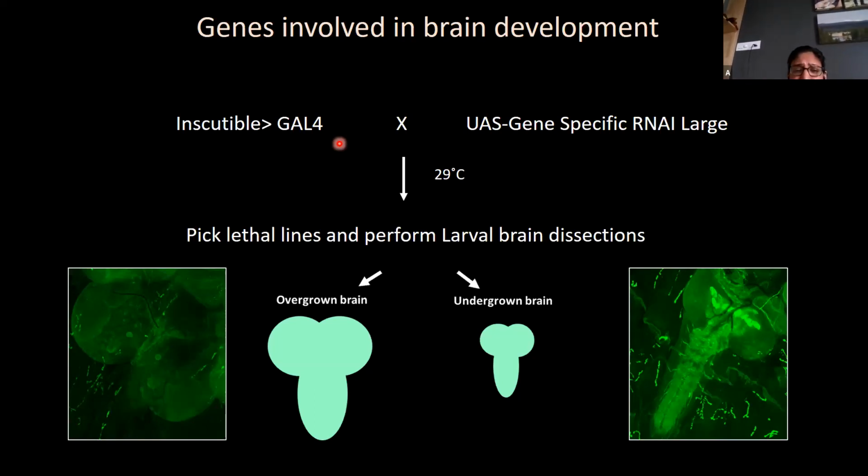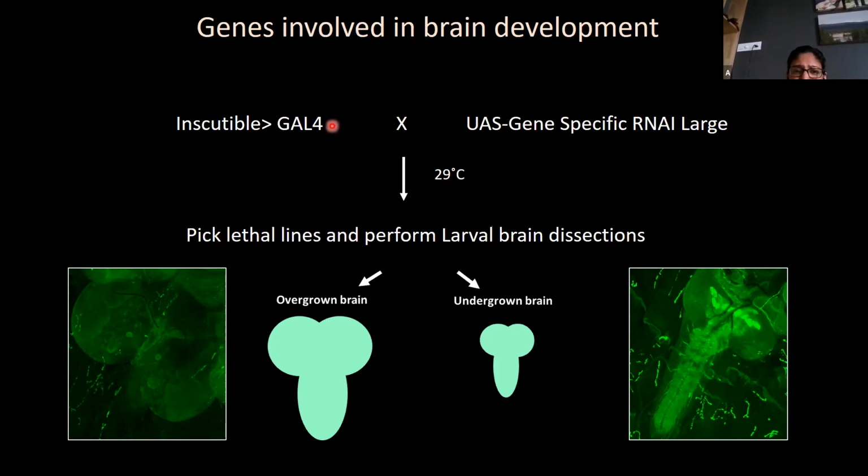So I'm collecting 10 virgins and setting up a cross with 5 males: virgins of GAL4, males of UAS. I kept them at 29 degrees and let them die there. I'll see, okay, this line number 6 leads to lethality.